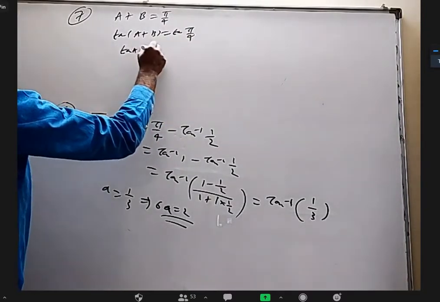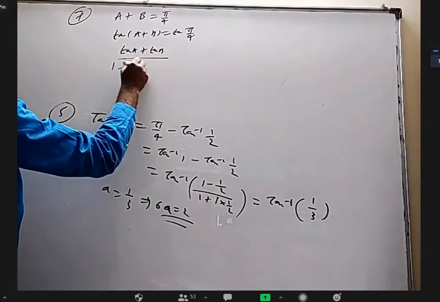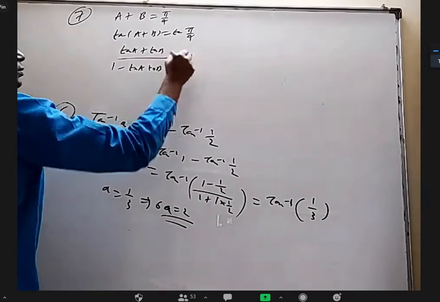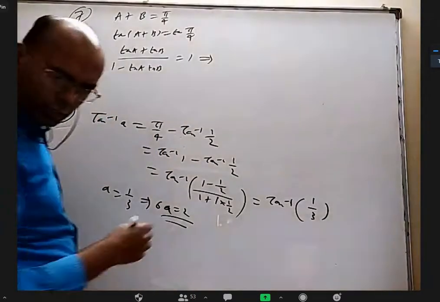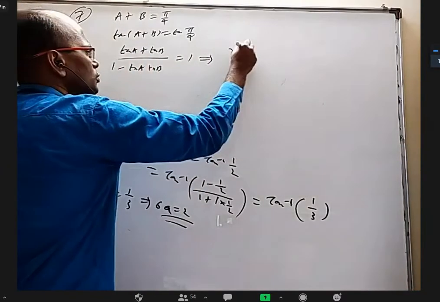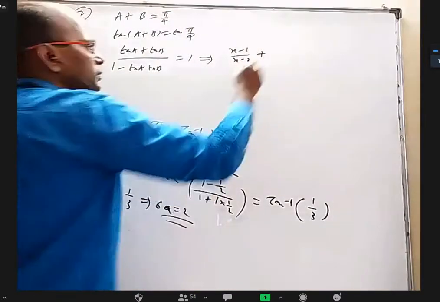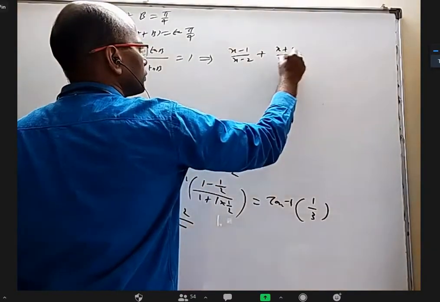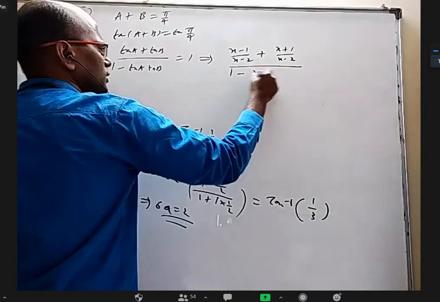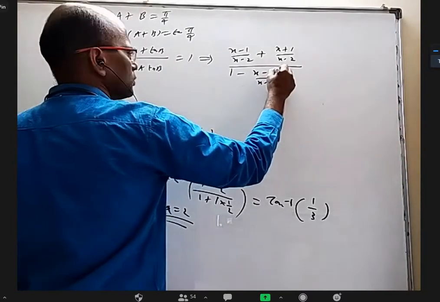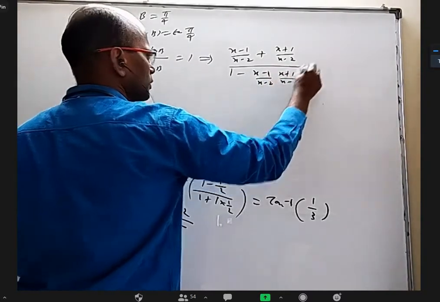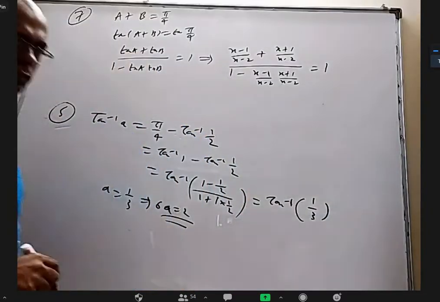That is (tan A plus tan B) by (1 minus tan A tan B) is equal to 1. And tan A is (x minus 1) by (x minus 2), and tan B is (x plus 1) by (x minus 2), by 1 minus (x minus 1) by (x minus 2) into (x plus 1) by (x minus 2) is equal to 1.